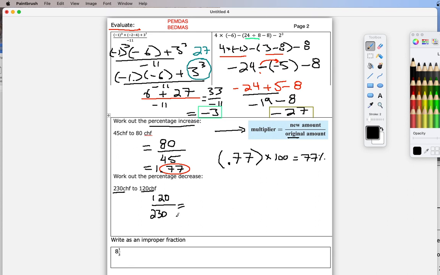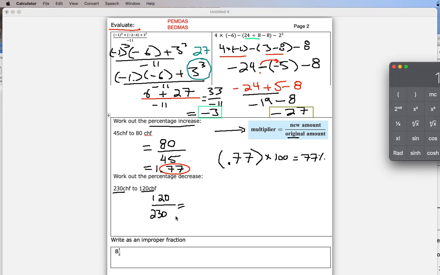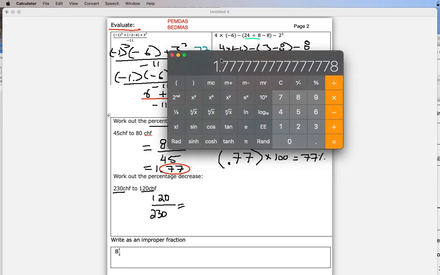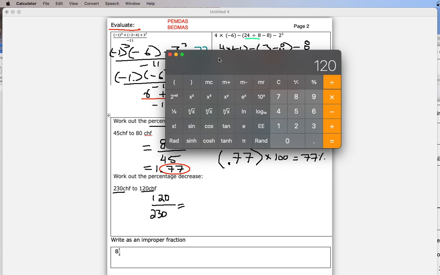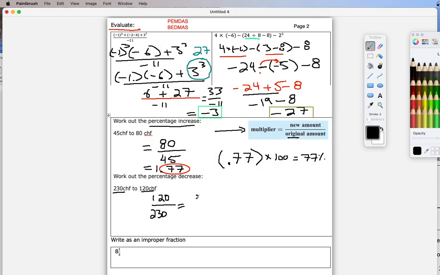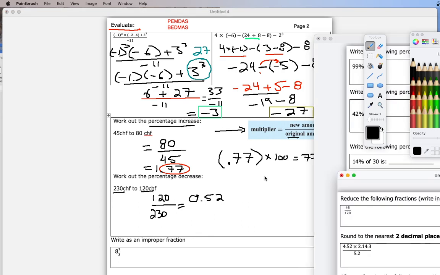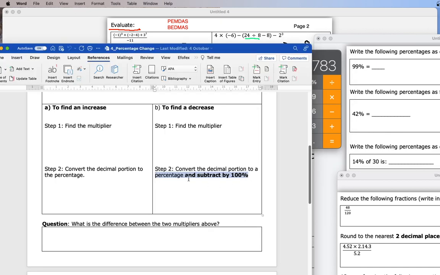Let's see what we get. So if we take the calculator and do this, we have 120 divided by 230. I get 0.52. Okay. And now, if we look at our instructions for what we have to do next, let's see, where's my file? There we go. It says subtract 100%.